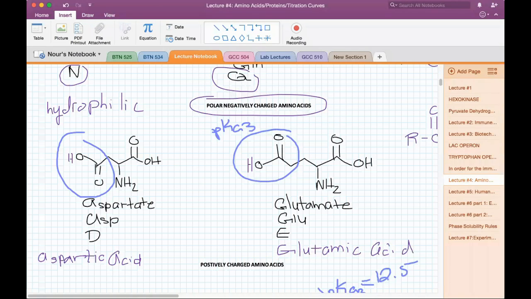They're generally the same structures as asparagine and glutamine, except they have carboxyl groups instead of amide groups.